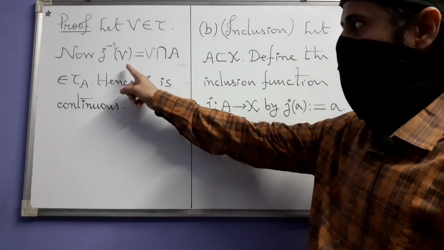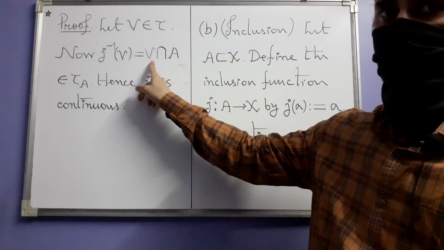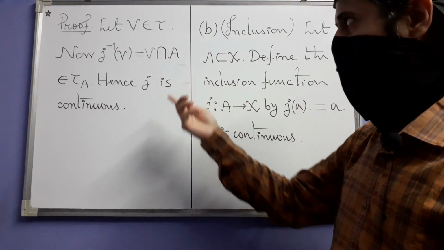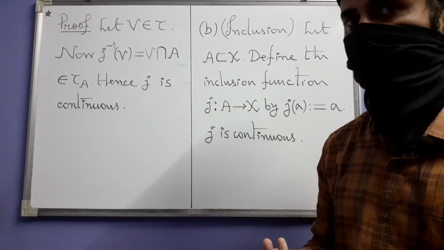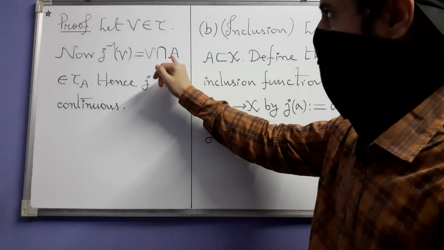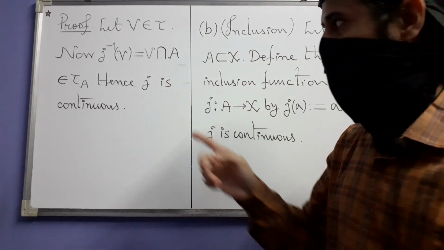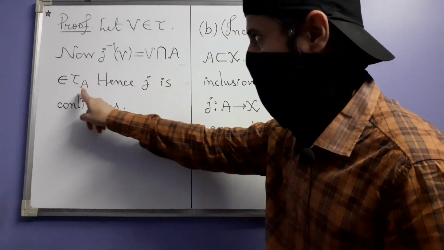Now j inverse of V turns out to be equal to V intersection A, which by the definition of subspace topology is open in the subspace topology. That is because it's the intersection of A with an open set in X. So that's why this belongs to τ_A.